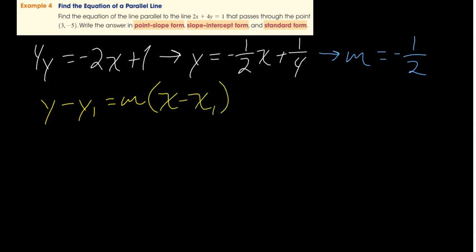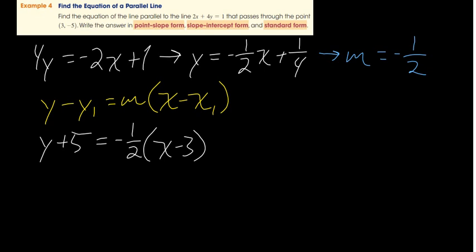Okay, so if I plug in everything I need to, my y just stays the same. My y1 is a -5, so y minus a negative 5 is y plus 5 is equal to my slope, which is negative 1/2, and then x minus 3. Okay, so that's point slope form. And then when we solve for y, we'll end up with the slope intercept form. Okay, so let's solve for y.